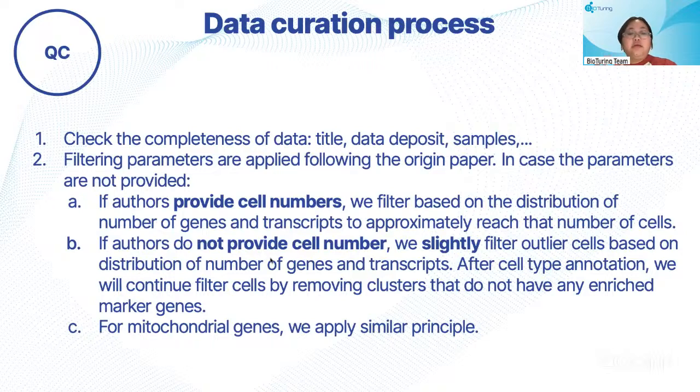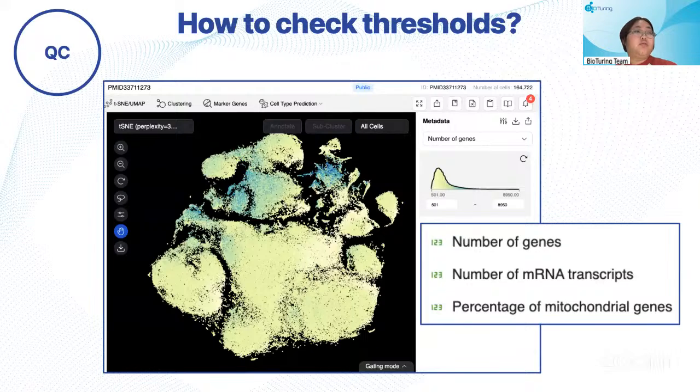And here, because I mentioned the distribution of genes and transcripts, I also want to mention that within Talk2Data, for each data set, you can view this threshold. So let me show you how you can check the threshold. As you can see, if you open any data set within Talk2Data, you will be navigated to the single cell exploration UI, right?